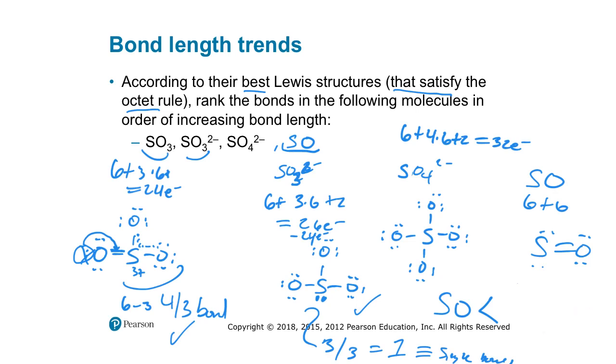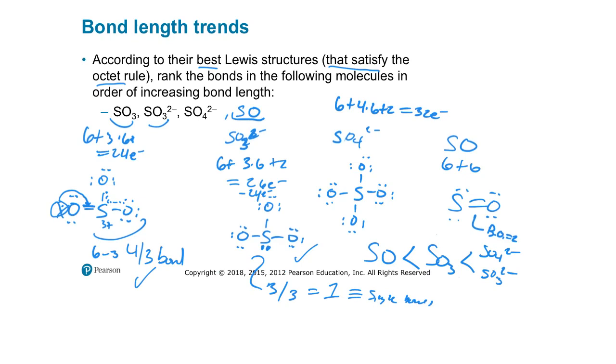The double bond, the bond order here is 2 electrons being spread across the 2 bonds. So SO is the shortest, then SO3, because it's the 4/3 bond, and then SO4 2 minus, and then SO3 2 minus. Ranking them based on their bond orders, they would be similar due to having exactly the same bond order. So their bond orders are both 1.